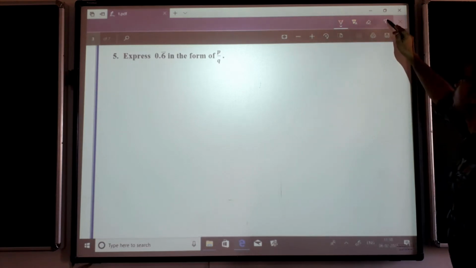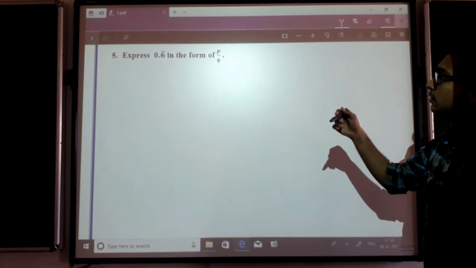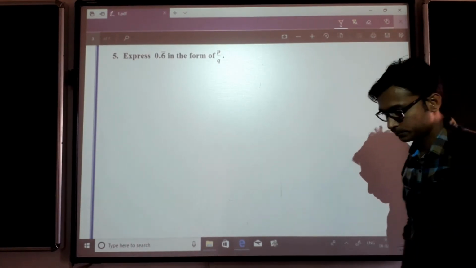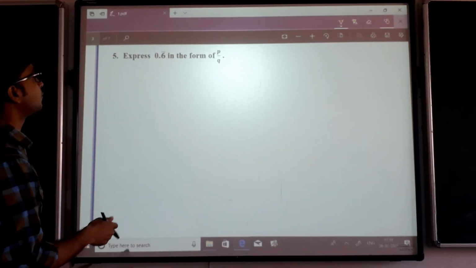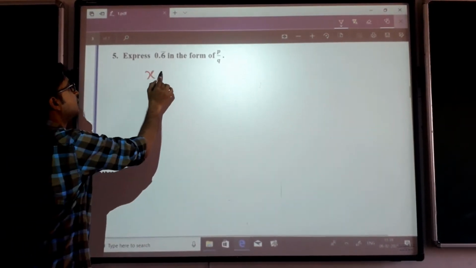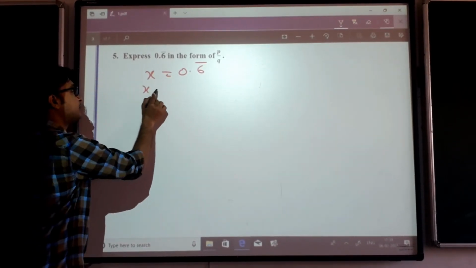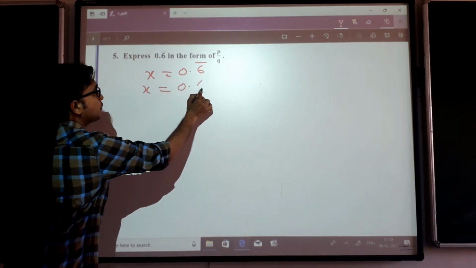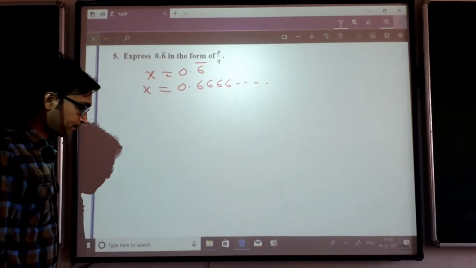Next question, question number 5 is express 0.6 bar in the form of P upon Q. This is non-terminating and recurring decimal expansion, so we can do it. So first of all, we write here x equals to 0.6 bar. So this can be written as x equals to 0.6666 and it will go on.